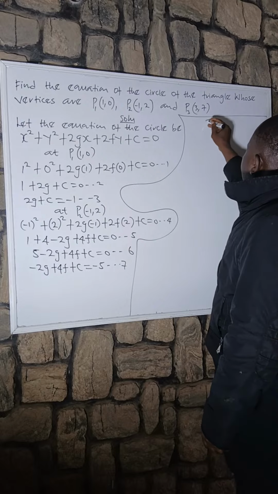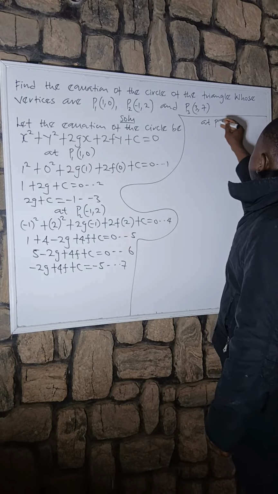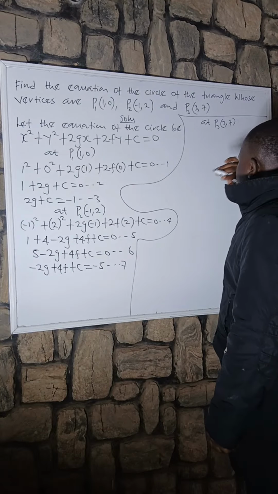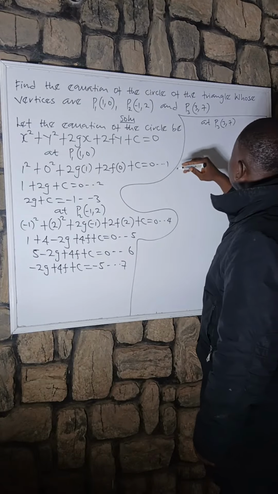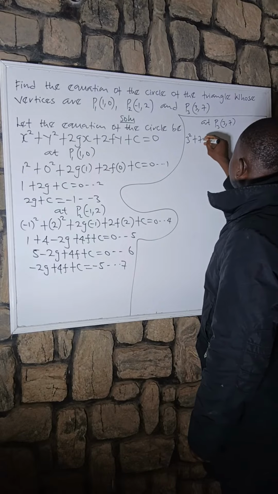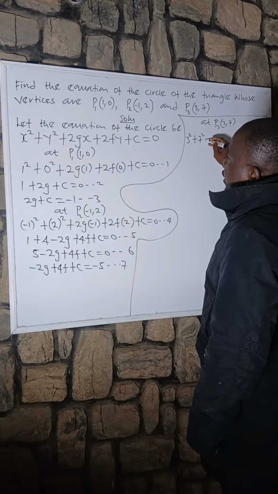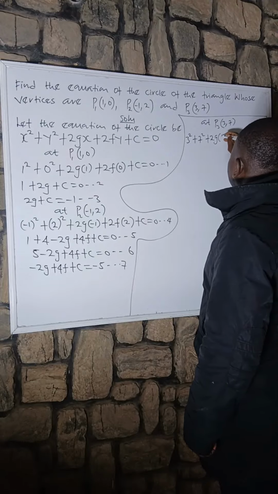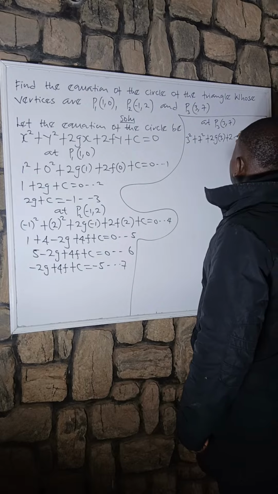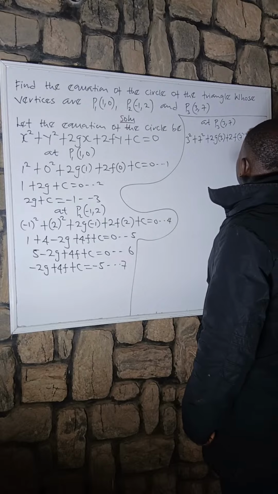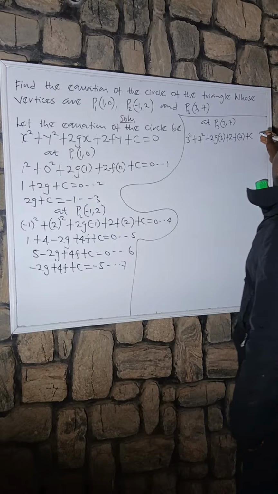So it means at point (3, 7), here is 3 squared plus 7 squared, right? Then plus 2g of 3 plus 2f of 7 plus c equals to 0.